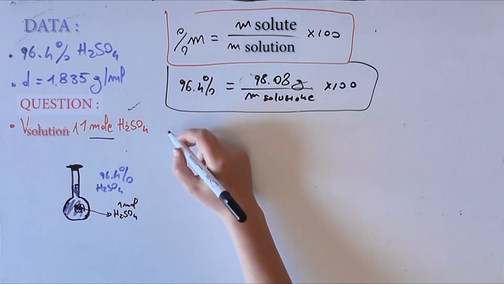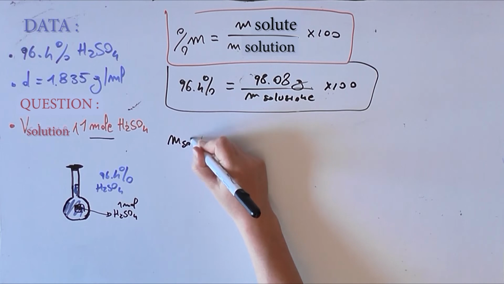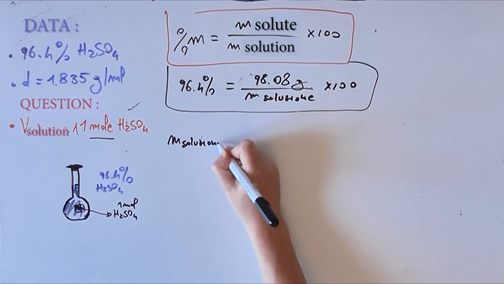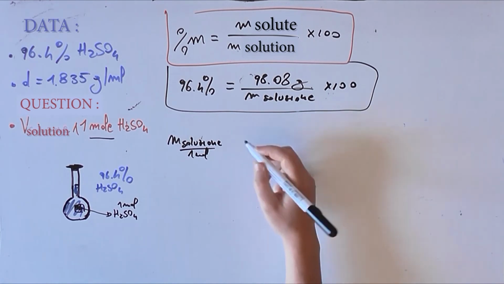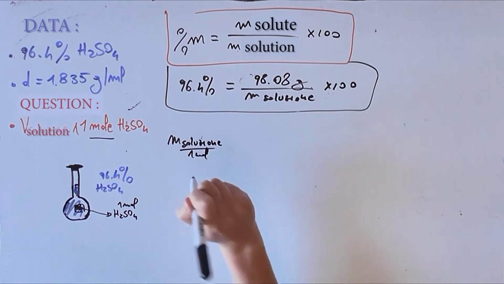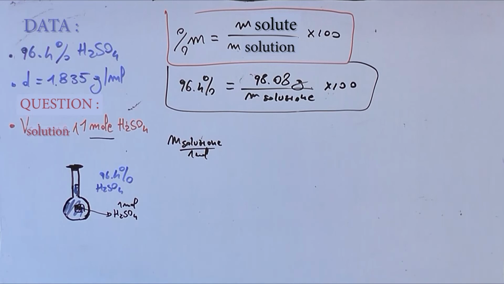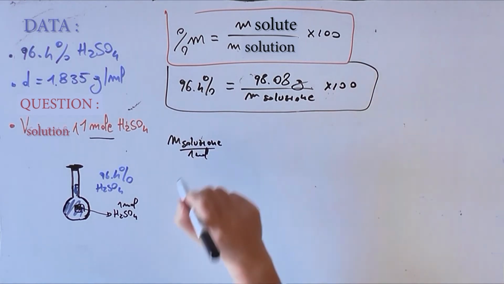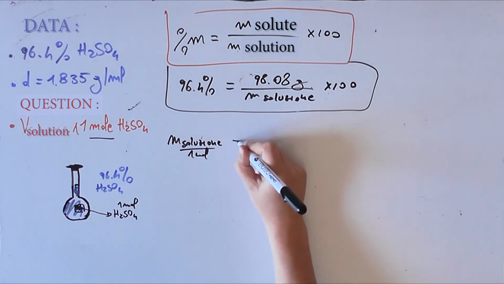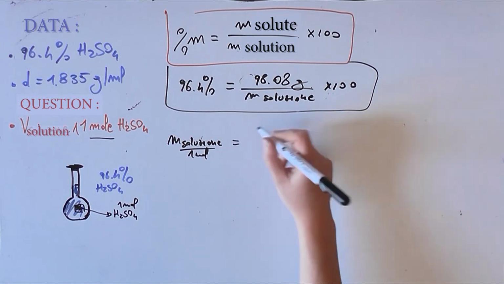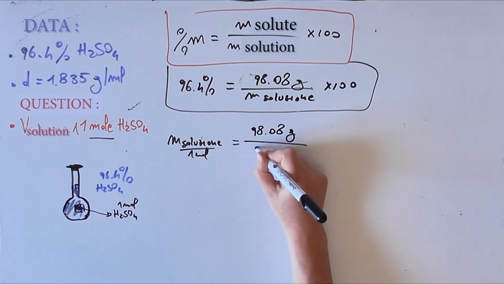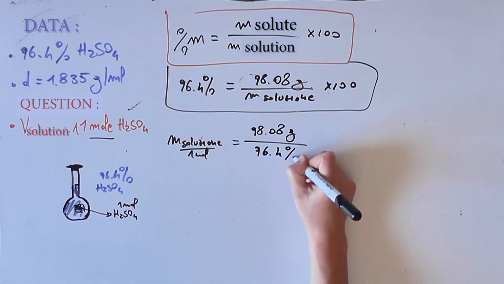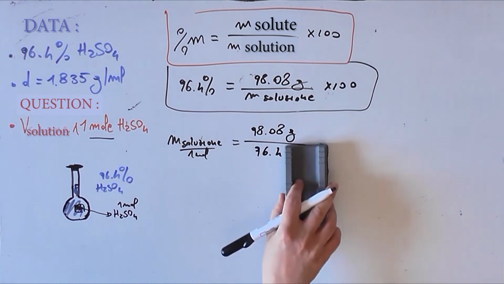So the mass of solution equals, pay attention that this is the mass of solution with 1 mole of sulfuric acid. So we have to contextualize this formula with what we are doing all the time. So we have now the mass of solution with 1 mole of sulfuric acid inside. So pay attention to that. Equals 98.08 divided by 96.4.